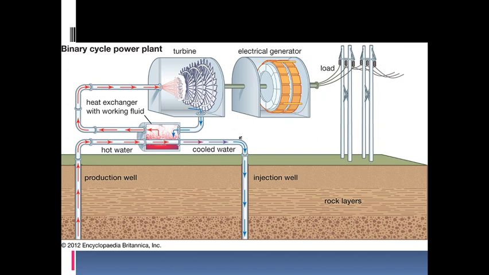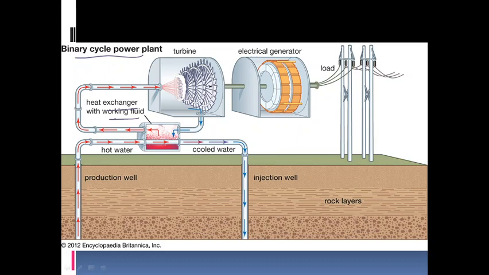Now, in the third type of power plant, which is a binary cycle power plant, we have 2 different liquids. Normally, the hot water coming from the underground is used to heat up another heat exchanger liquid, which will deliver heat to the turbine, which will be used to turn the turbines.